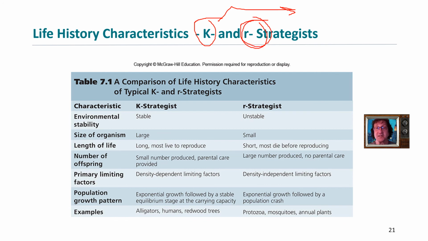R strategists live in low populations, but they produce lots and lots of offspring, use up their food, and then their population goes back to normal. So when you look at them, K strategists tend to have a type 1 curve. R strategists will have a type 3 survivorship curve for the most part.